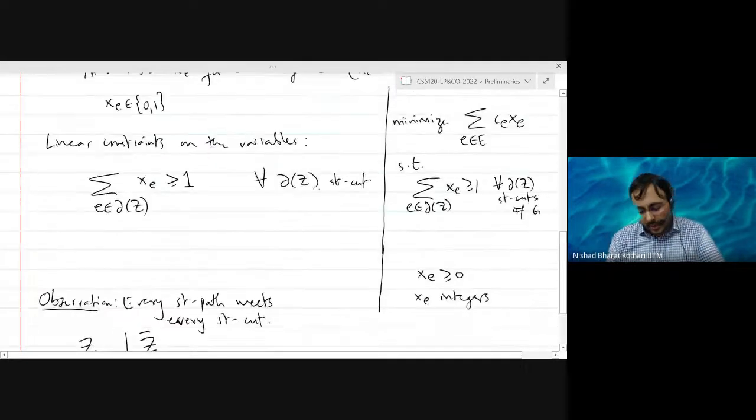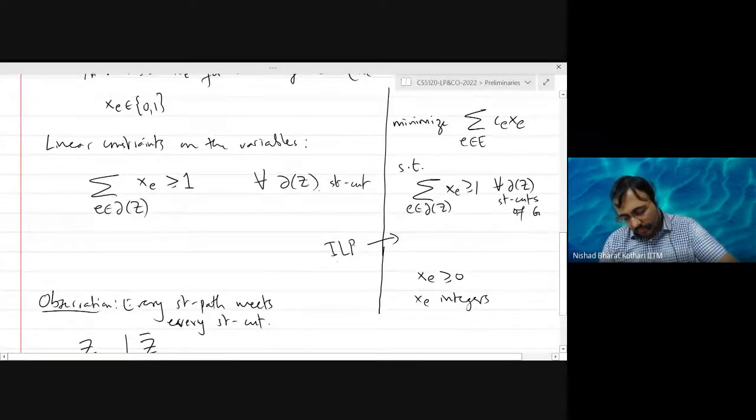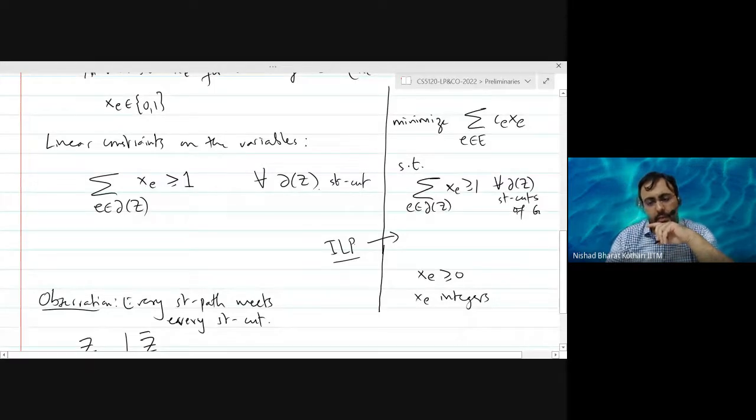Supposing you look at this ILP at this point, can you find a solution to this ILP? Let us assume that the graph is connected, or in particular that S and T are in the same component. In that case, can you find a solution to this ILP? I don't want an optimal solution. I just want any solution.